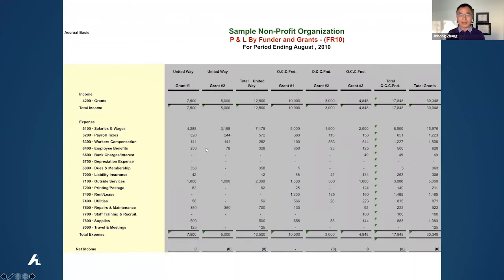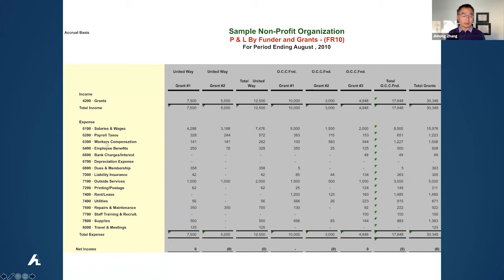And then you can have another category, another dimension. In this way, as a nonprofit, you can keep track of the funders. If it's a business, you may keep track of a project, a joint venture or a subsidiary. So you have different dimensions. The beauty of doing all of this is that you don't make the chart of accounts long.